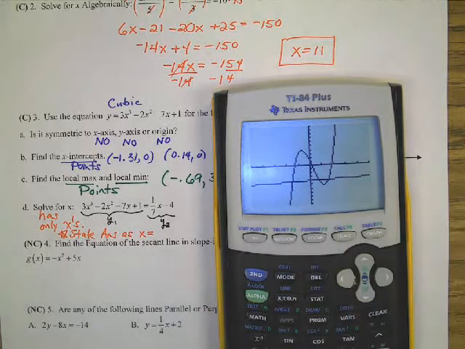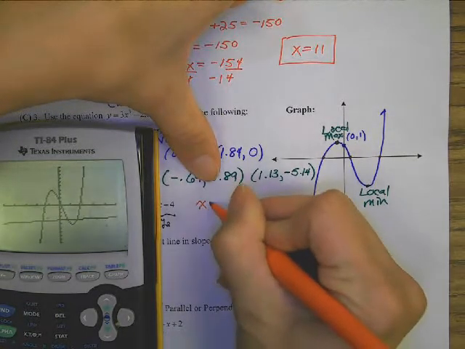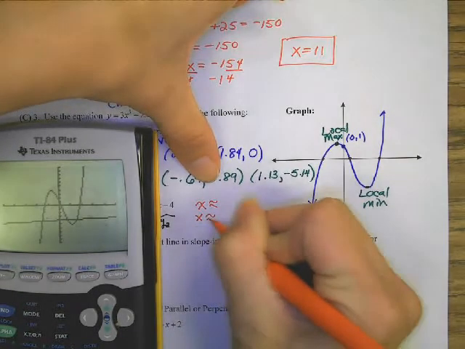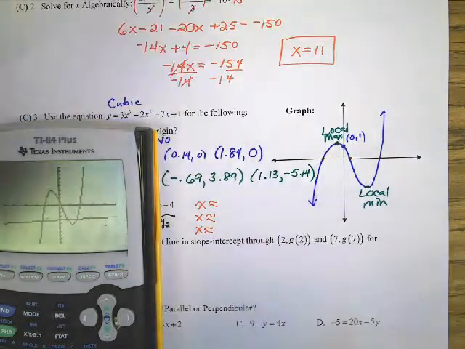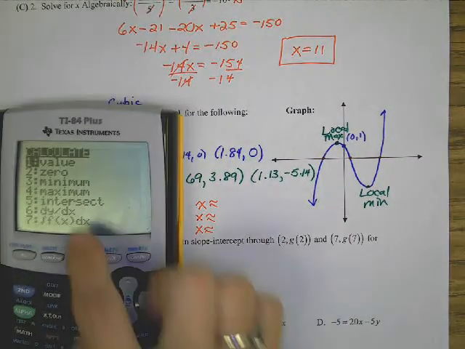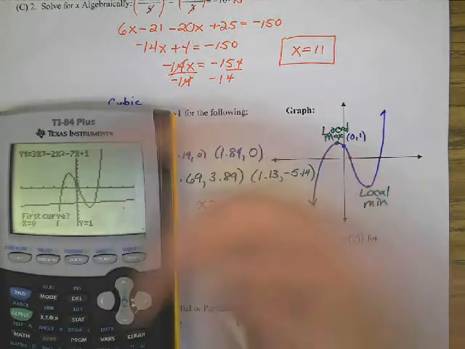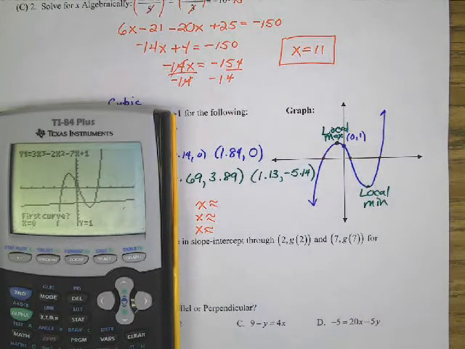Second calculate, and we're going to do intersect. This goes a little faster. Is the first curve y1? Yes, always hit enter. Is the second curve y2? Yes, just hit enter. Guess is where it's going to get a little more interesting. I want to get closer to the first one. And x is equal to negative 1.55.